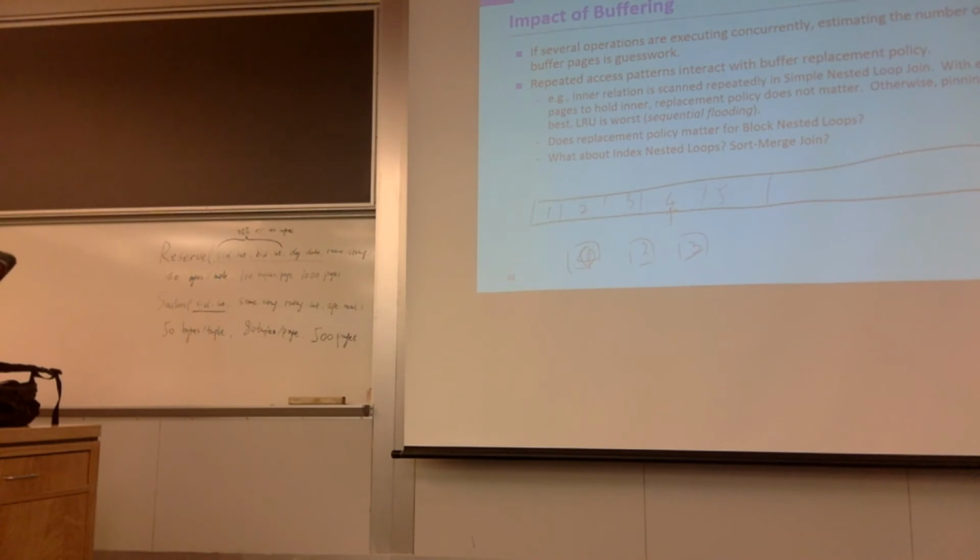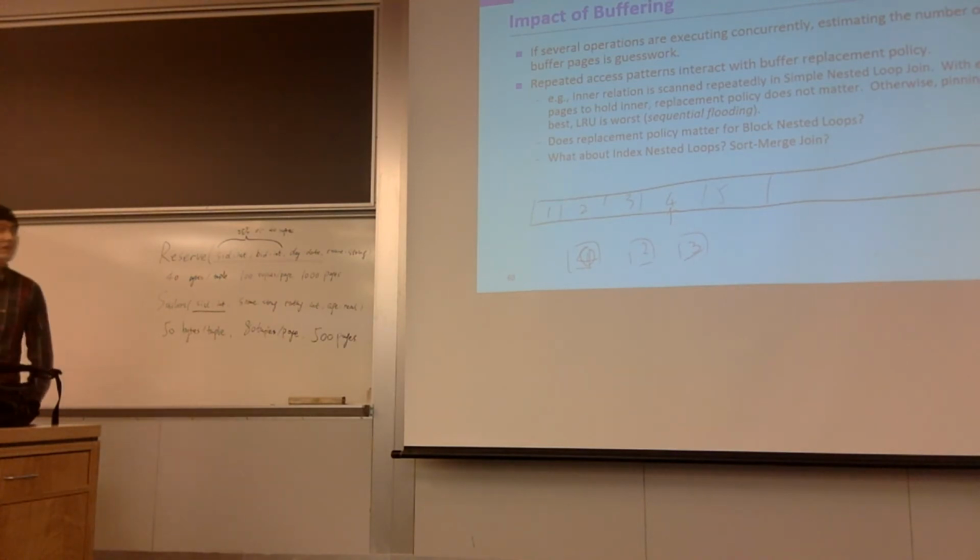So what about index nested loop? In index nested loop, you only scan one file, the file of the outer relation, once. But for the inner relation, you do not scan it. You use the index to probe for the thing, right? So that actually doesn't matter a lot, unless your inner relation is clustered.